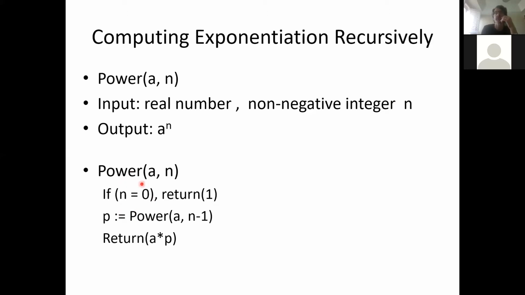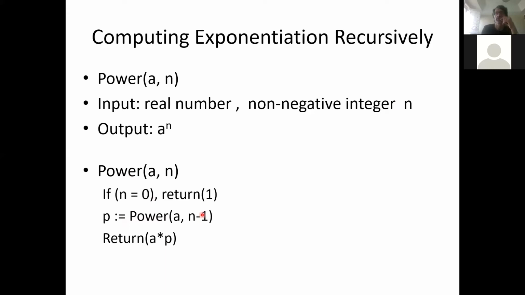The power algorithm is going to do this. First, it's going to perform a recursive call to itself with changed inputs. The base will be the same, but the exponent will be decremented, so it will be 1 less.